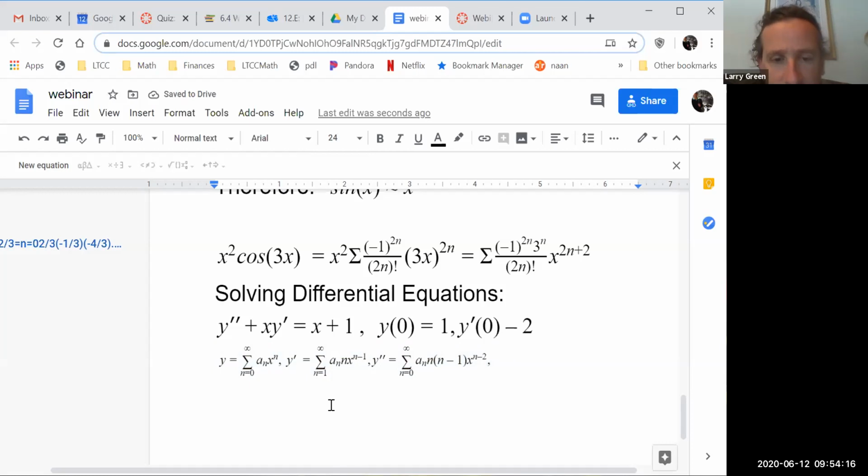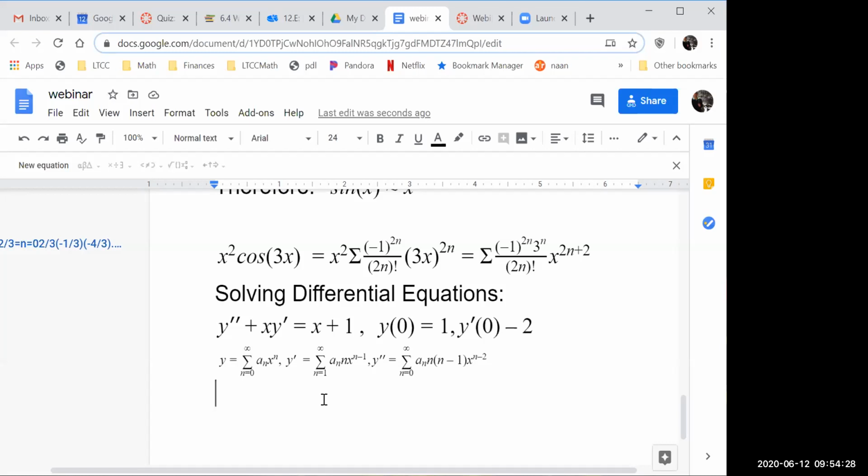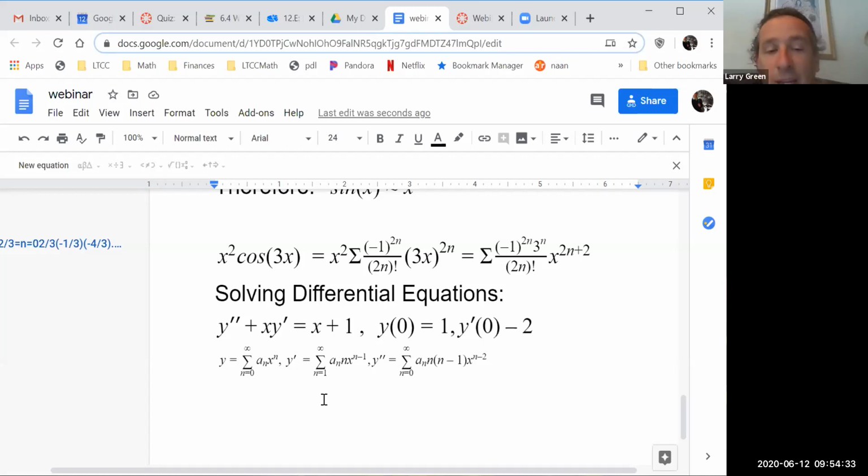Okay, so there's our list. And what do we do now? We are given initial values for y, but we're going to use those last, actually. We're given the differential equation, we just plug in.